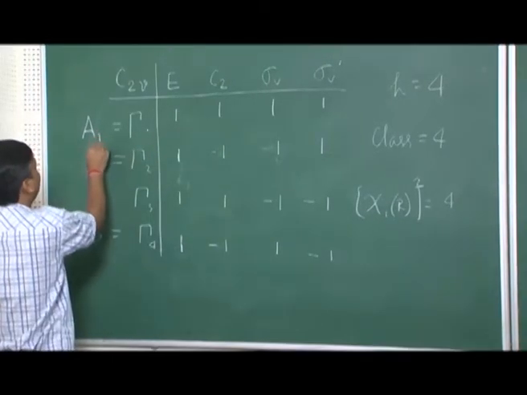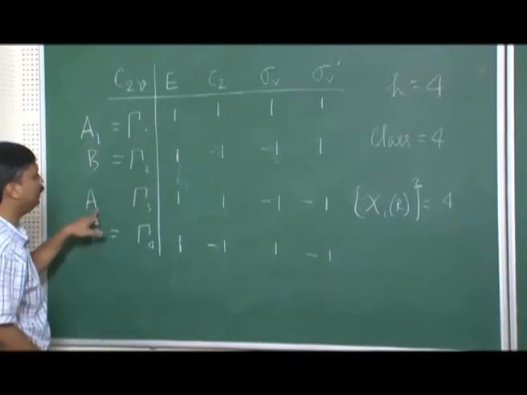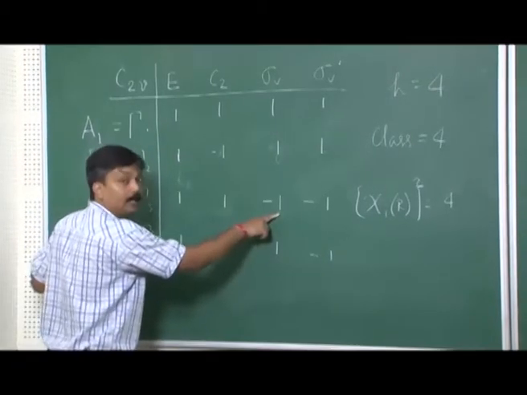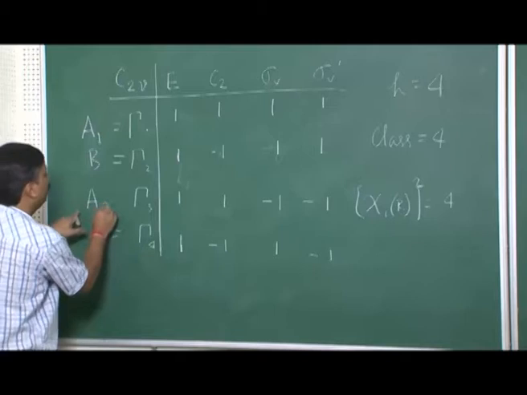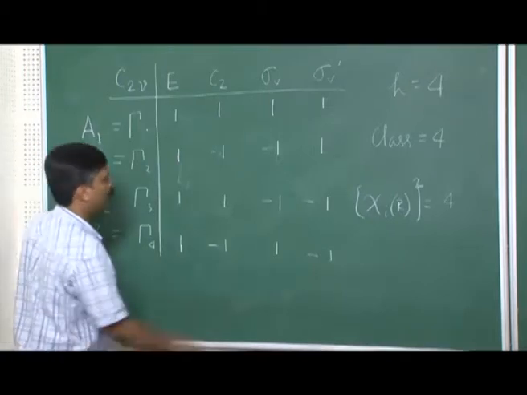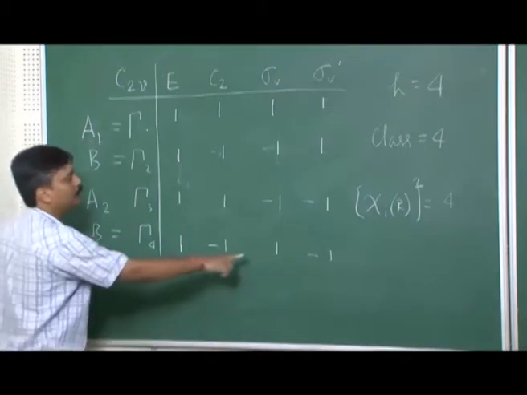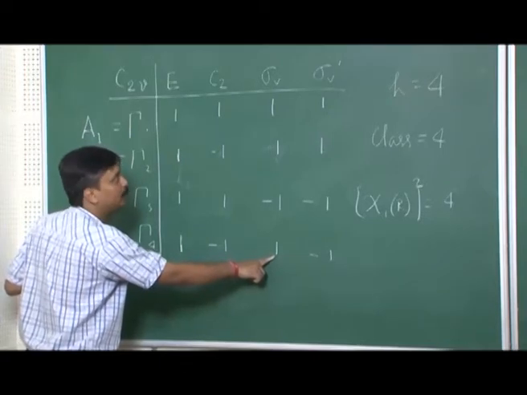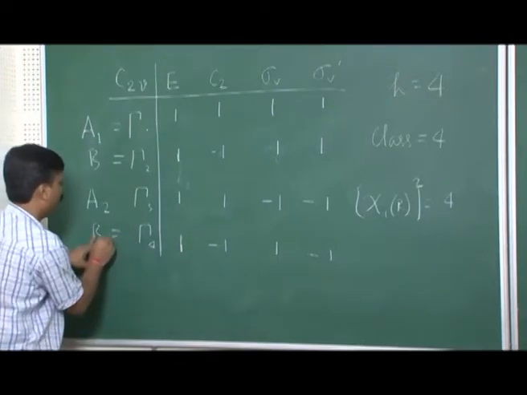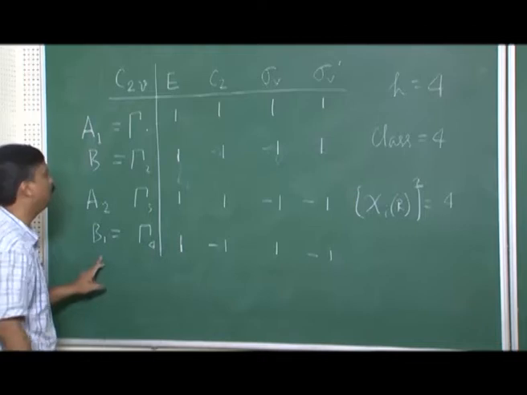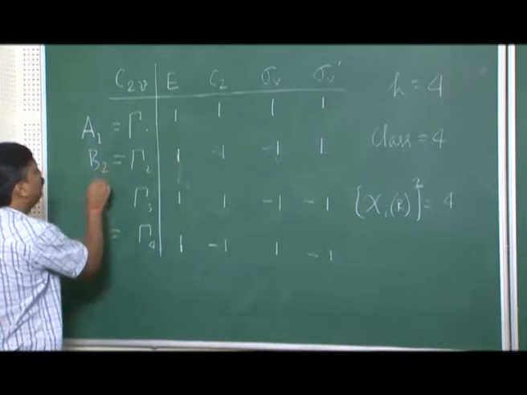So I put it as 1, and the other A is anti-symmetric with respect to sigma V, so let's put 2. Now this B is symmetric with respect to sigma V, so I give this one as B1. Then I am left with this one, it will be B2.